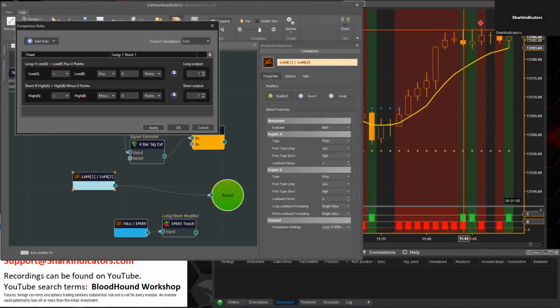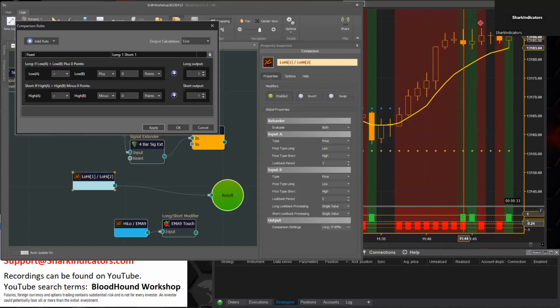Oh, and sorry. No, that is correct. So we have our first pullback bar, and we might have to be mindful of the short signal here.